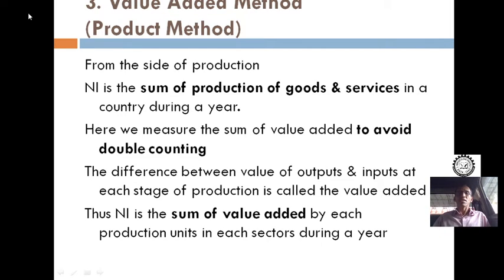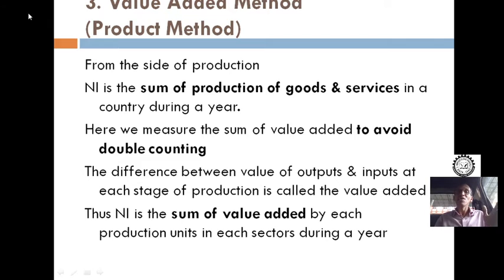while we calculate national income from the side of production, there may be the problem of double counting. In order to avoid the problem of double counting, that is counting of the same thing more than once, we can measure national income by using the value added method.